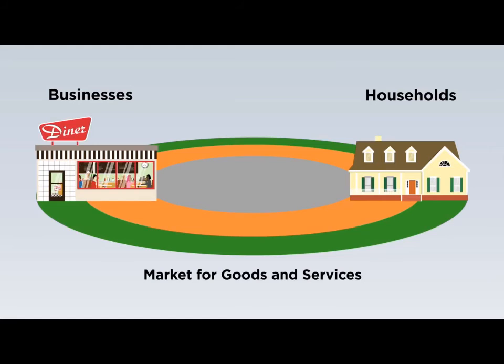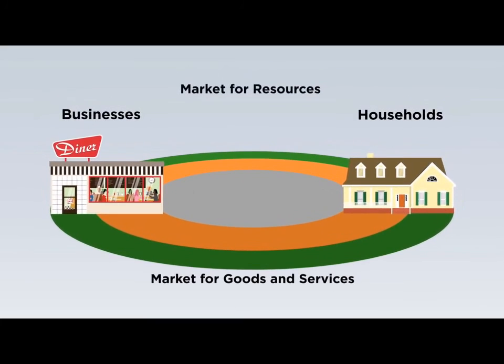The payment businesses receive is called revenue. For example, at the diner, revenue comes from customers paying for their food. In short, the market for goods and services is simply where the goods and services produced by businesses are bought. So in the market for goods and services, businesses sell goods and services, and households buy goods and services. Products flow one way, and money flows the other.